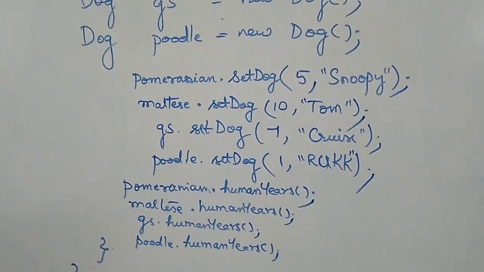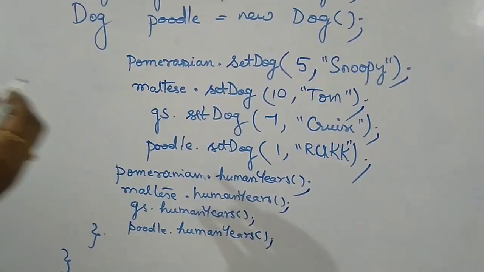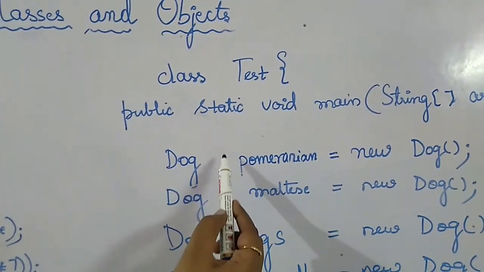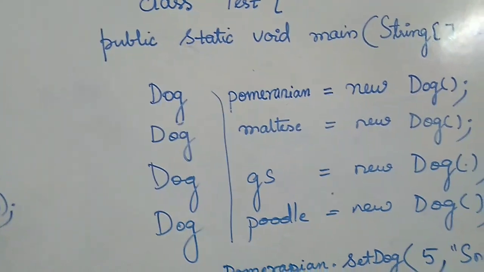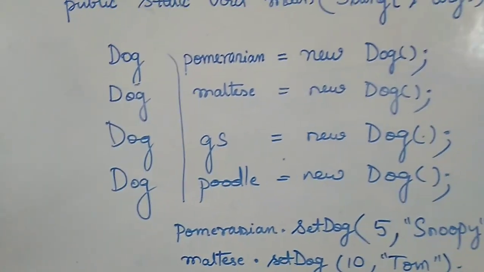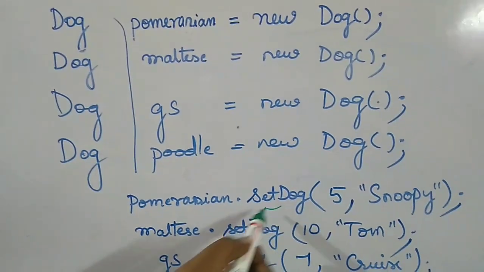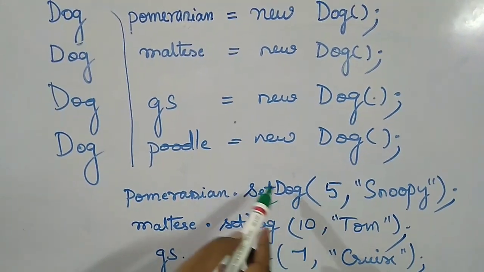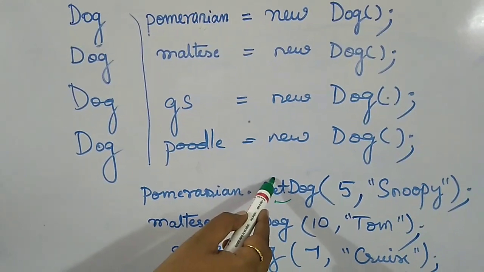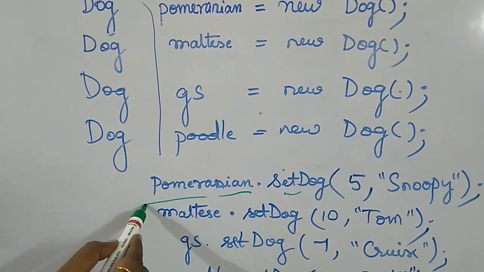We'll see the output of this particular program. When the execution starts at main, 4 objects are created. Once these 4 objects are created, we are calling the setDog method by passing 5 and Snoopy into it. This setDog method will be called on the object Pomeranian.